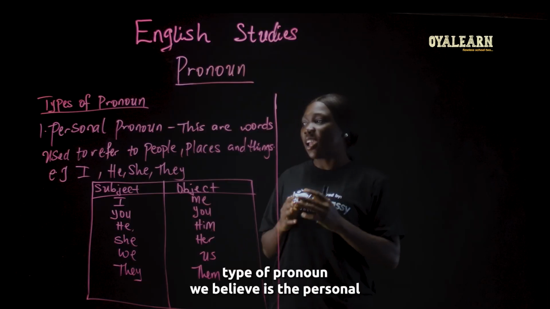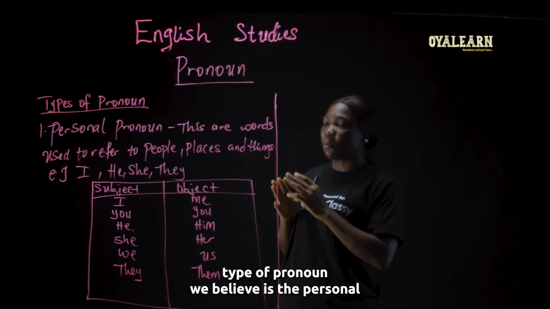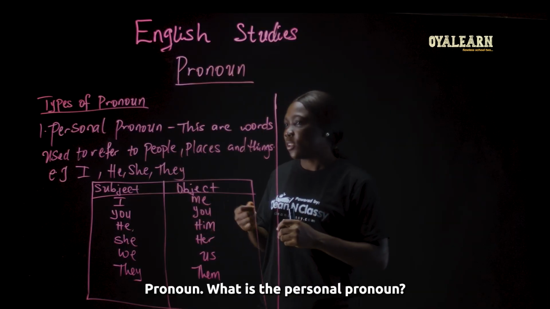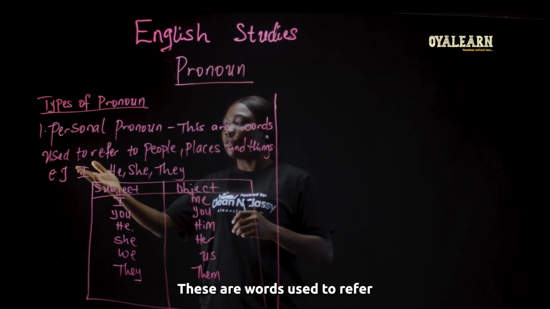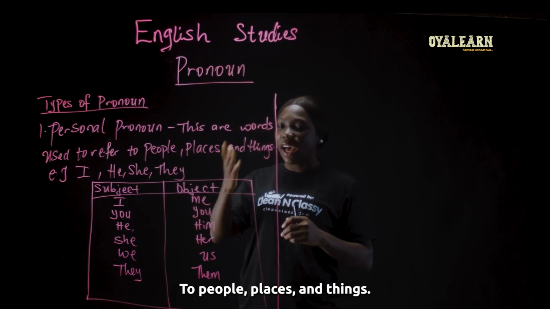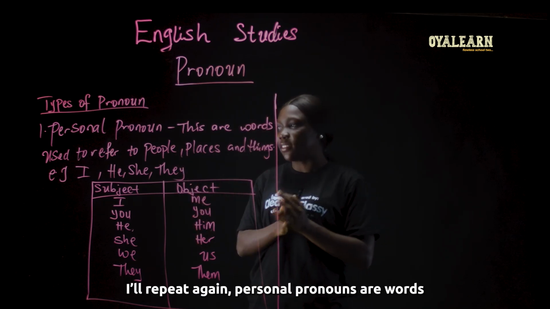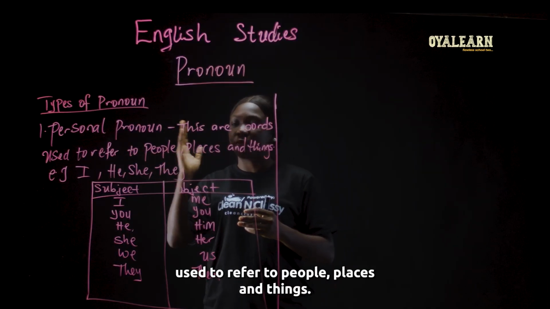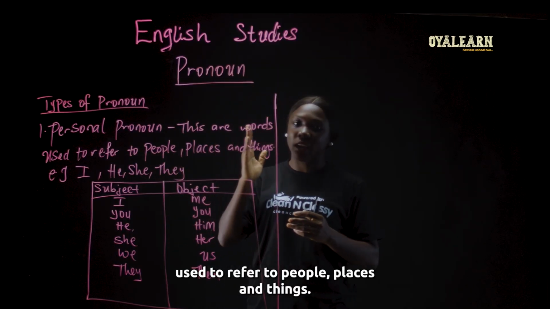Now, the first type of pronoun we'll be learning is the personal pronoun. What is the personal pronoun? These are words used to refer to people, places, and things. I'll repeat again. Personal pronouns are words used to refer to people, places, and things.